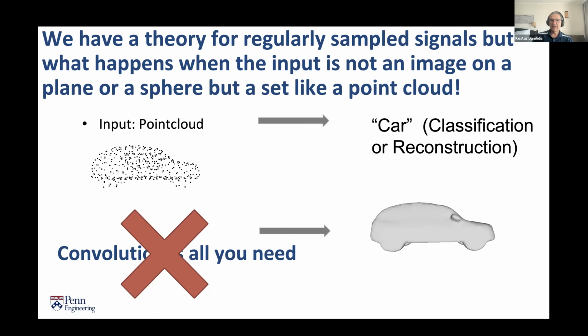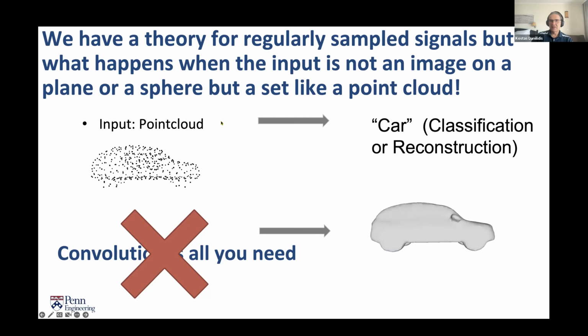But we have to deal with other inputs, like sets of points, where the number of input points is varying and we don't have any regular sampling to represent it as a function. So in that case, we seek other architectures in order to complete tasks like classification or reconstruction.